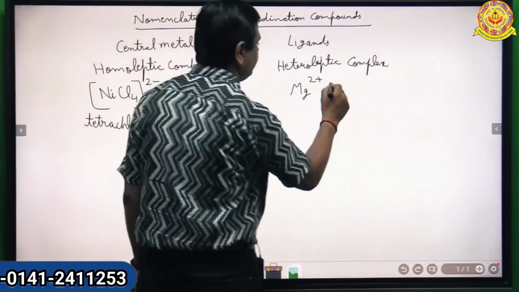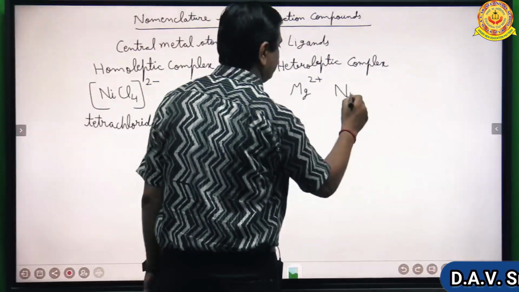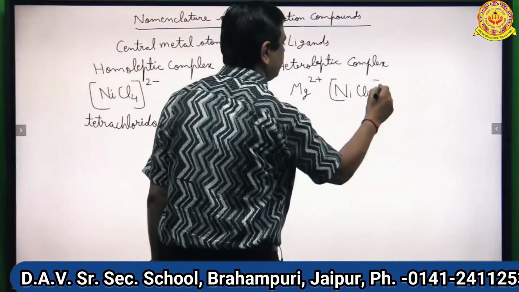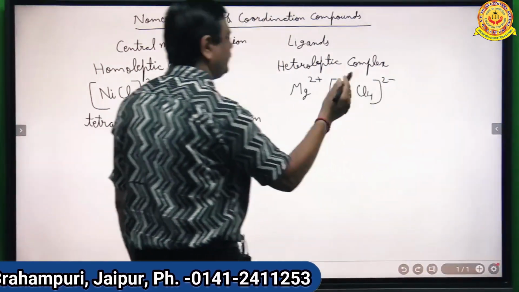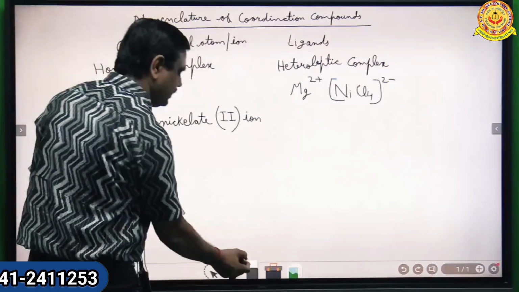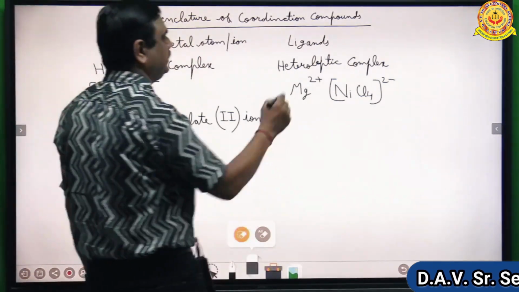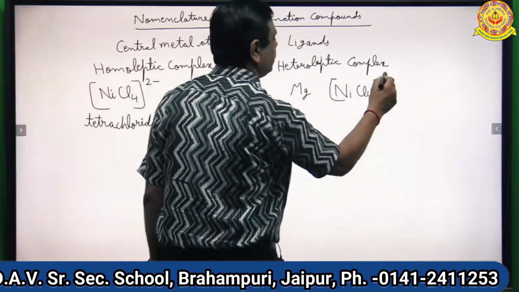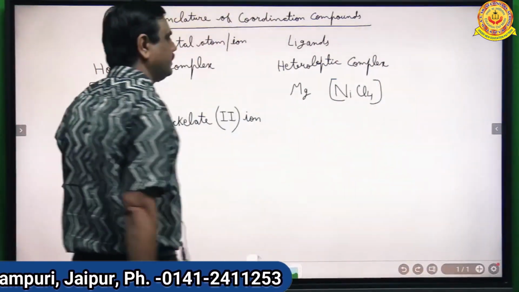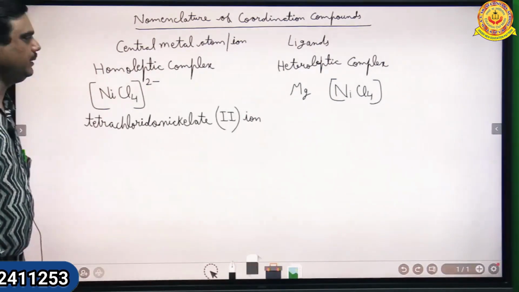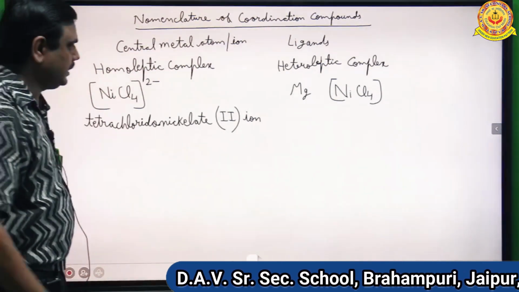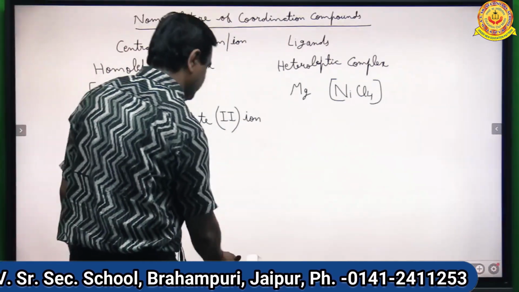So this +2 and -2 will be countered, so I do not need to write the charges here. So it is MgNiCl4.